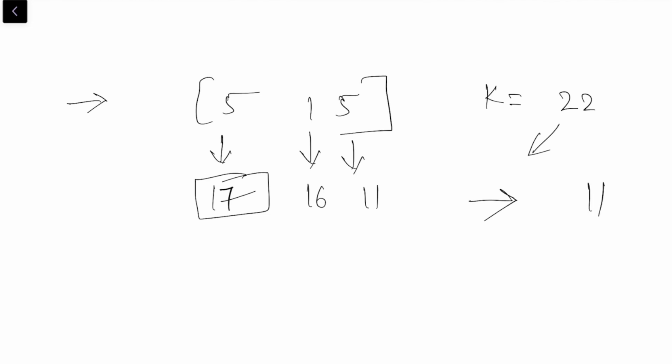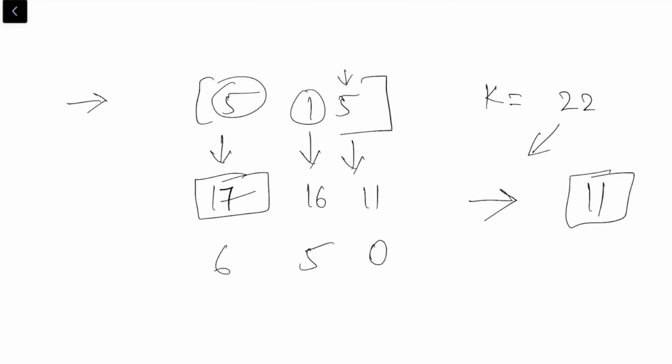In the second round, you have 11 pieces left. The first person takes 5, so we are left with 6, and the second person takes 1, so you are left with 5. You have 5 for this person, so 5 will be exactly used and it's 0.